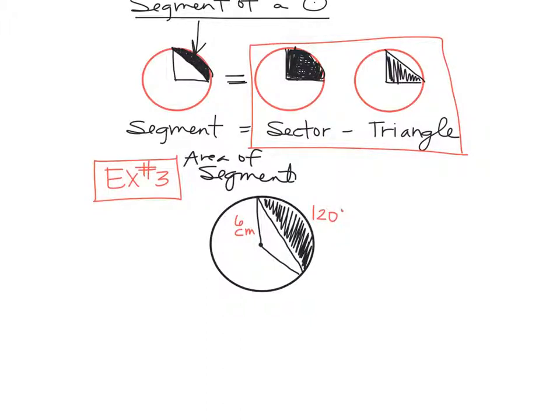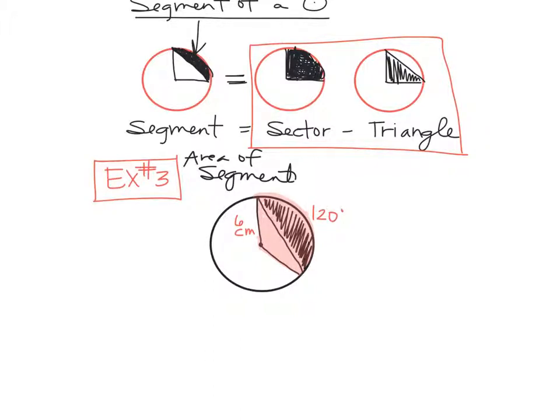How do you find the area of the sector? The sector right now being, let me just highlight this for you, is this. This whole piece is the sector. We're gonna do that sector and take away the triangle. So it's 120 divided by 360 times 6 squared.